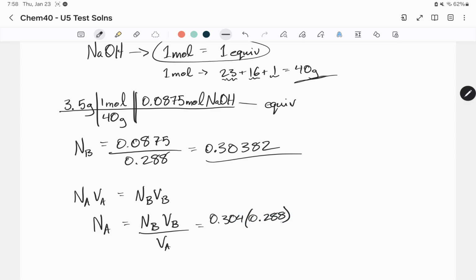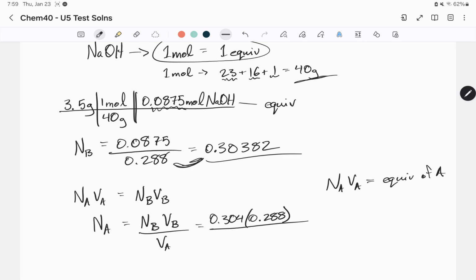And this is why I say you wouldn't have to go in this direction the way I have, because you might notice we're just multiplying these two together, what we just did division to get, right? Remember that NaVa equals the number of equivalents of A, so we already know the number of equivalents. You could have just skipped this whole step.